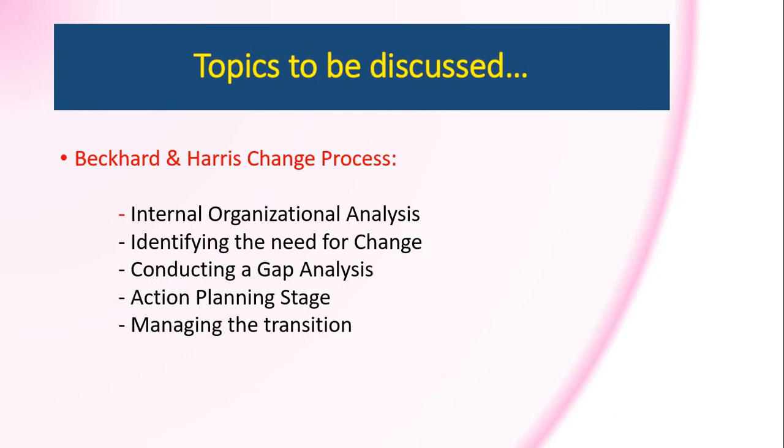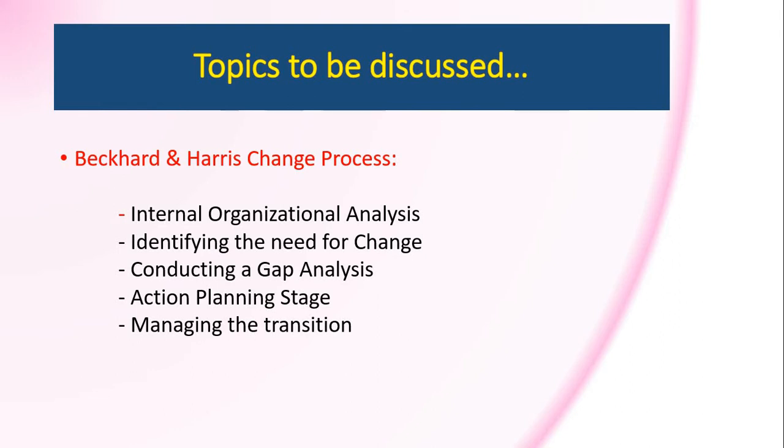The Beckhard and Harris change management process includes these 5 steps, as you can see on your screen, which are the internal organizational analysis, identifying the need for change, conducting a gap analysis, action planning stage, managing the transition stage. These steps are very much fundamental for organizations and companies, because these steps can help the companies to increase their awareness regarding the internal and external environments and factors.